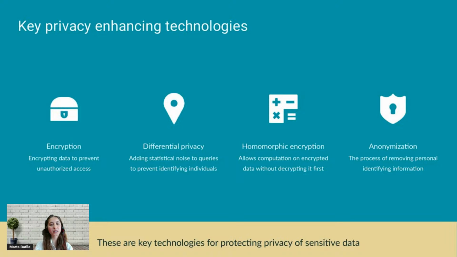We also have homomorphic encryption that basically allows computations to be performed on encrypted data without having to decrypt it. So this is even more safe than encryption in itself, right? Because we never decrypt the data. So we only work with data that is encrypted. That's actually very interesting because, as you can imagine, it gives a lot of certainty over the security of the data. And finally, as I shared before, we also have anonymization techniques. They are also privacy technologies.